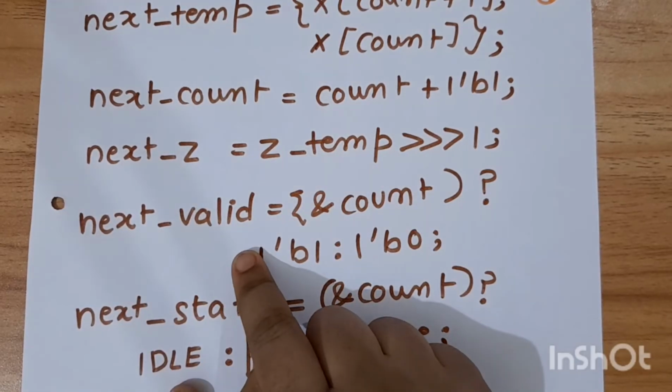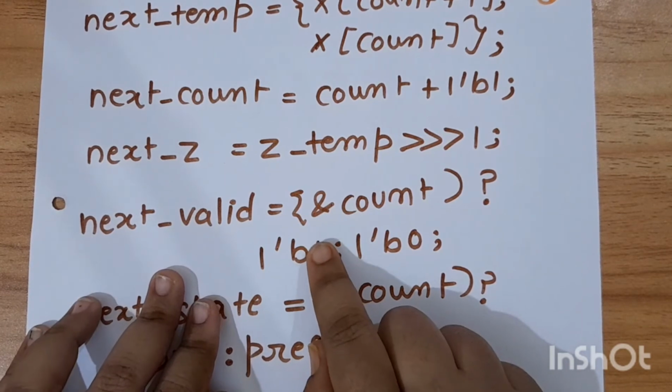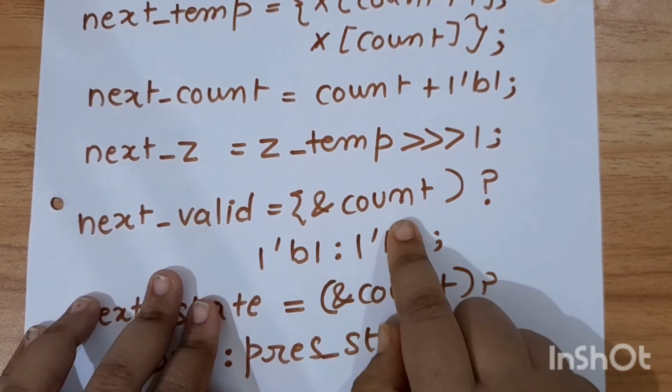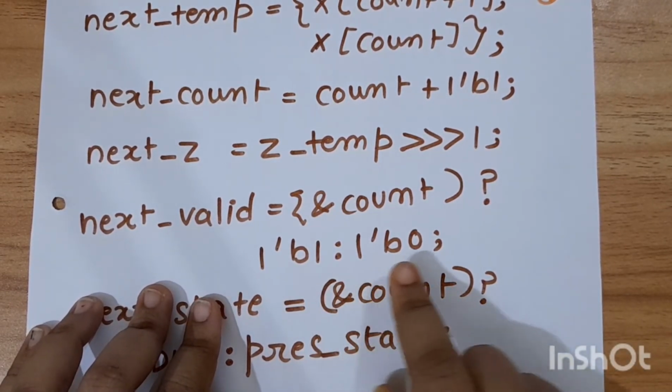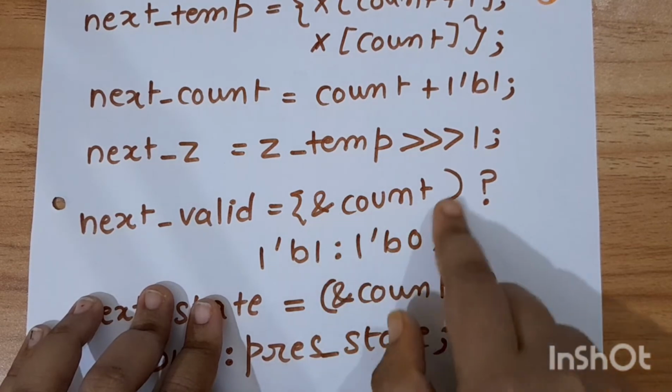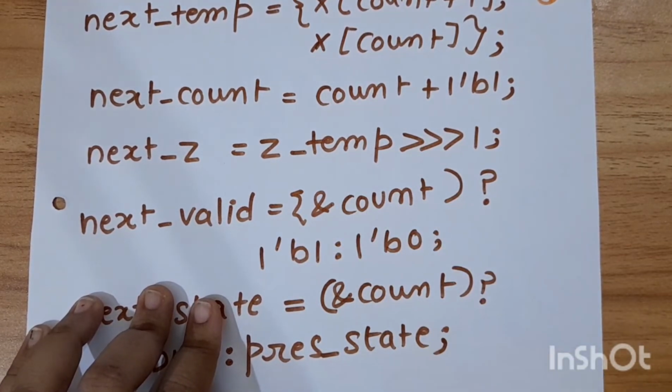Next is the next valid, where we are using this AND operator. You see AND, then the AND count conditional operator: 1'b1 colon 1'b0 semicolon. So AND count means what? Count is 2 bits, so what combinations will it have? 00, 01, 10, 11.